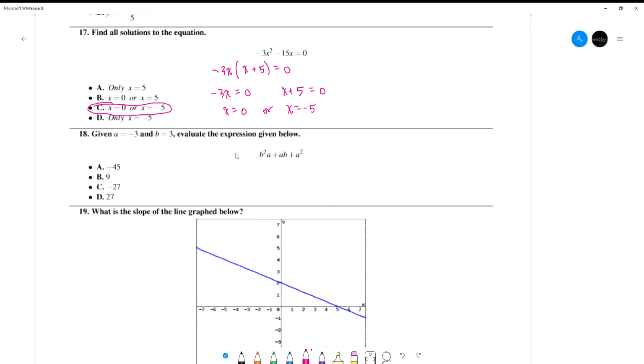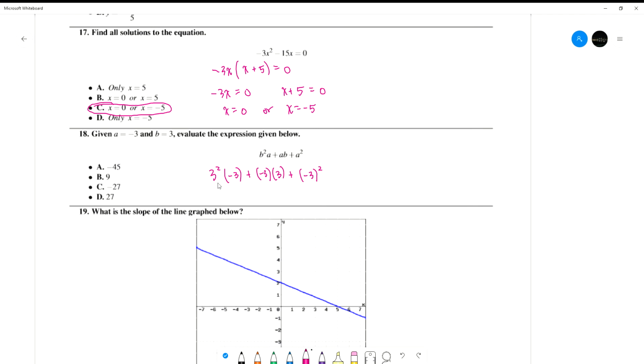Okay, number 18. For number 18, we have to substitute. So this is b squared times a plus a times b plus a squared. They're always going to give you these negative numbers, so be careful.